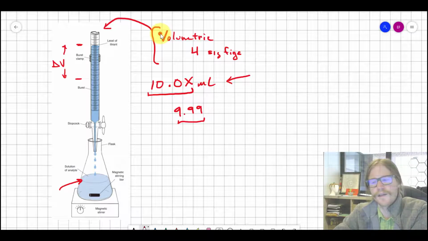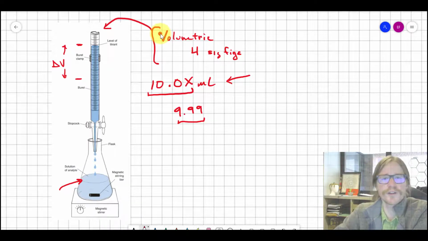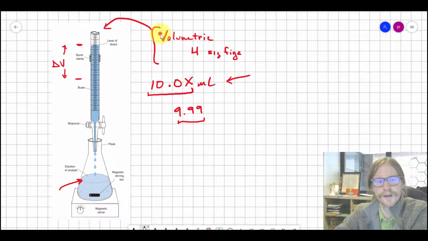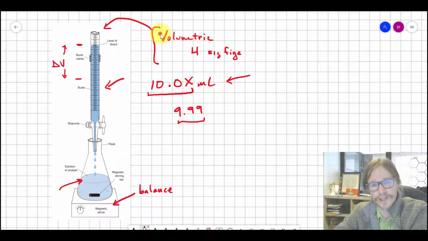In the flex version of the Chem 241 course, you will actually replace this burette, because these things are huge and expensive and not amenable to shipping. You will replace it with a balance, and instead of measuring volumes accurately with this precision piece of glassware, you'll have your entire solution on top of a balance instead of a magnetic stirrer, and you'll be measuring the mass changes, and those balances can measure to the 0.0x gram range.